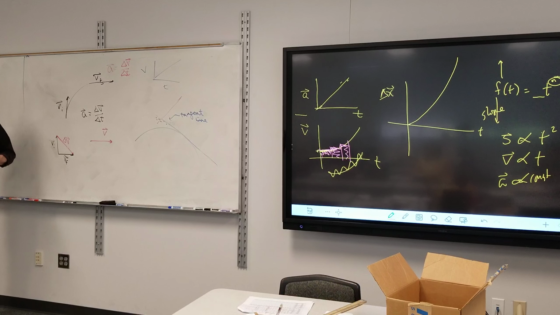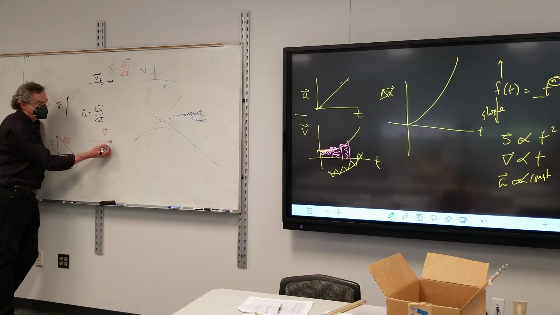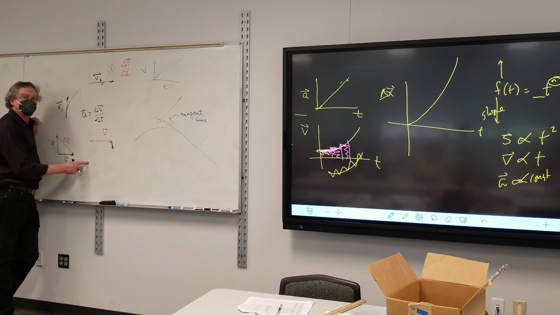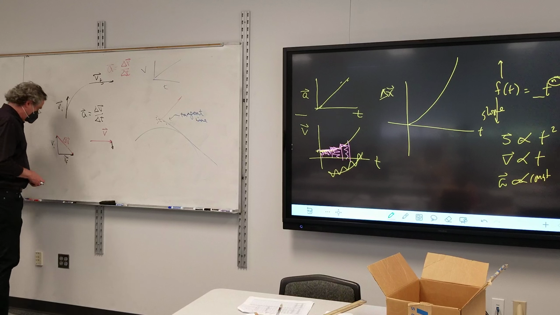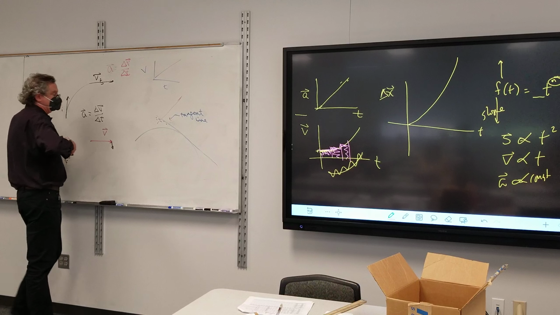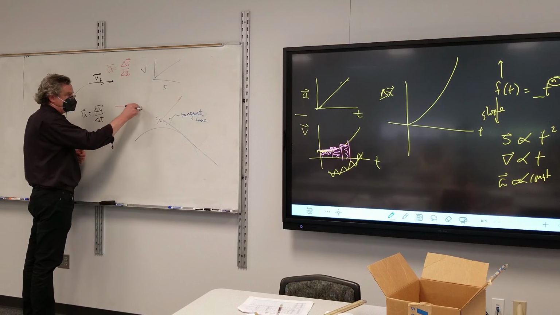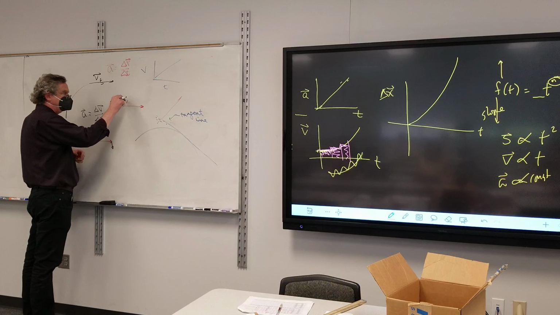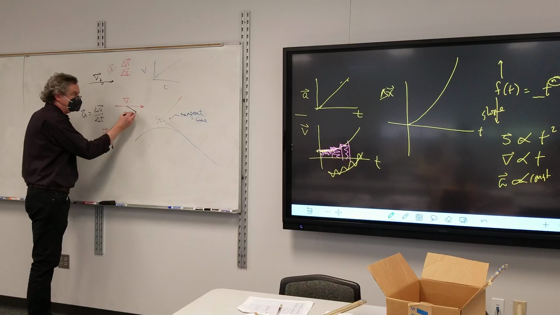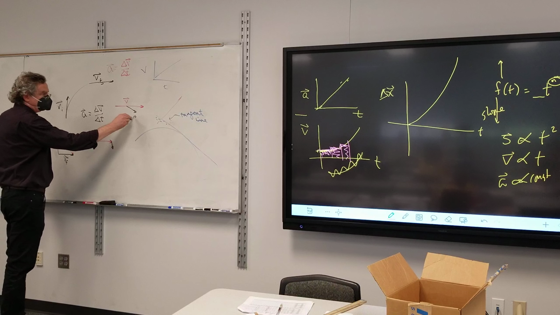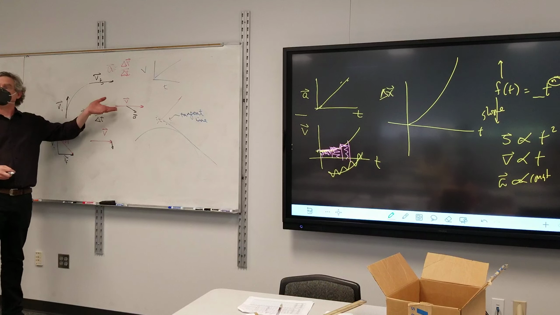If my change in velocity, my vector acceleration, is in the same direction, or if my change in velocity or my acceleration is perpendicular to it, that's going to cause a change in direction. If instead I have a velocity here and my acceleration is not perpendicular, that means part of my acceleration is perpendicular, part of my acceleration is in the same direction.